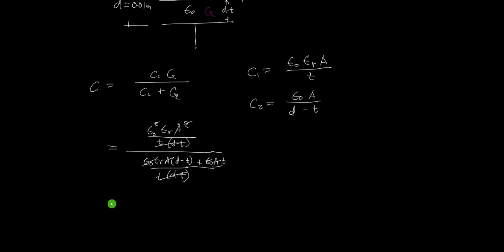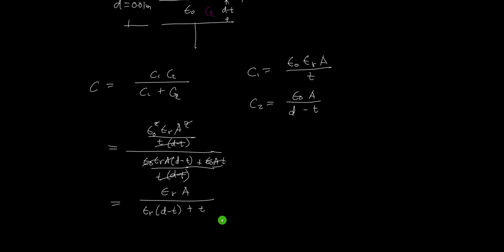So what do we have? We have epsilon R times A all over epsilon R times D minus T. Then plus, we only have T here, epsilon naught times A, cancelled out.